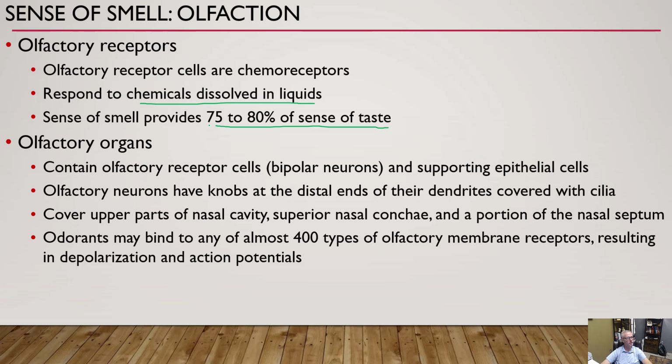About 75 to 80% of your sense of taste is related to your sense of smell. We have these olfactory receptor cells, which are actually bipolar neurons. Remember bipolar neurons: we have our dendrites that come in, and we have one axon that leaves.